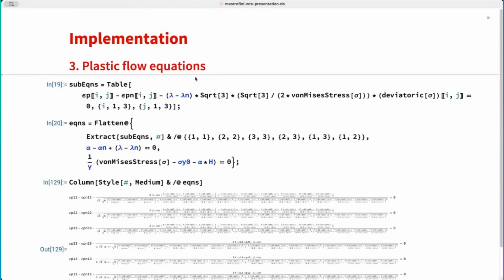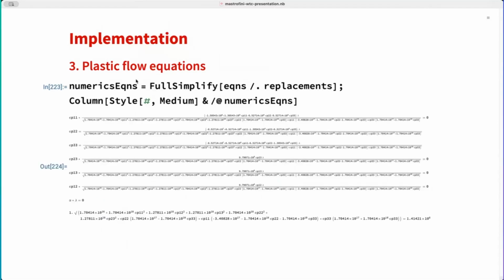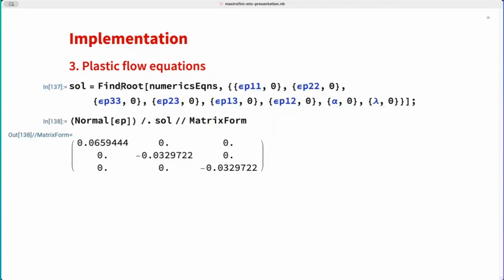Let's, for instance, put some numbers inside this equation, like the Young modulus of the material, the yielding point, a hardening modulus, and some initial values for the plastic variables. And then the system is a little bit simplified, and this system of equations can be solved with respect to the plastic variables, for instance, using FindRoot, obtaining a solution for the plastic variables.